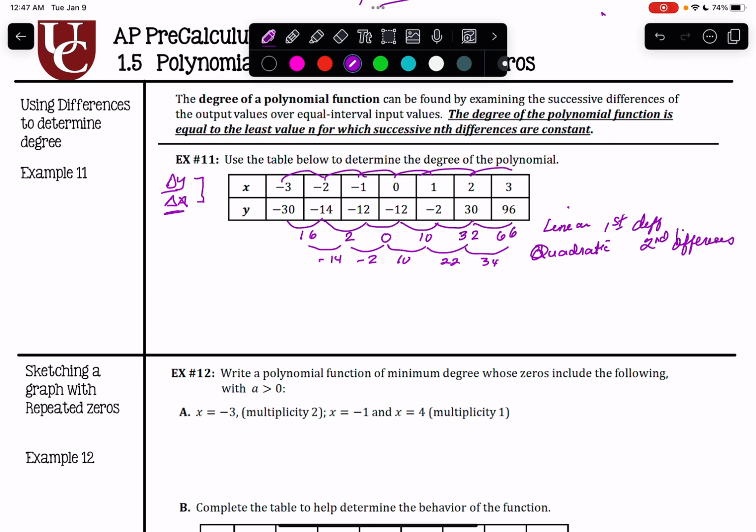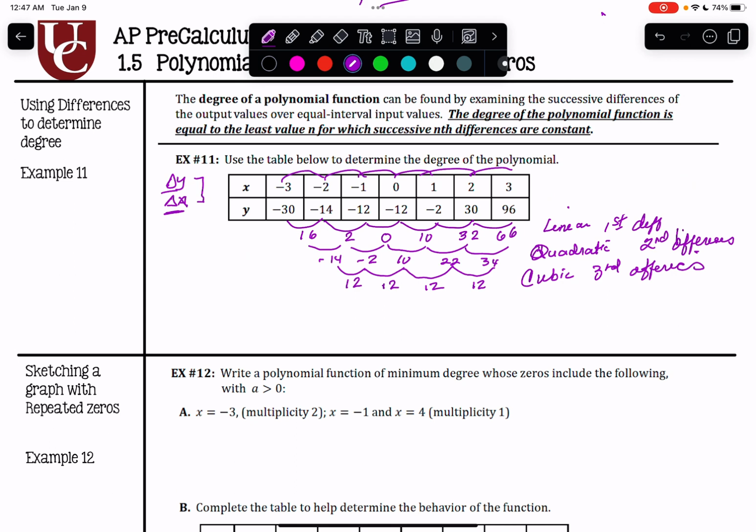Okay, so let's see what happens when we go for the third differences. Negative 14 to negative 2 is 12. Negative 2 to positive 10 is 12. Looking good. 10 to 22 is 12, and 22 to 34 is 12. So my third differences, which are my cubic, are the same.